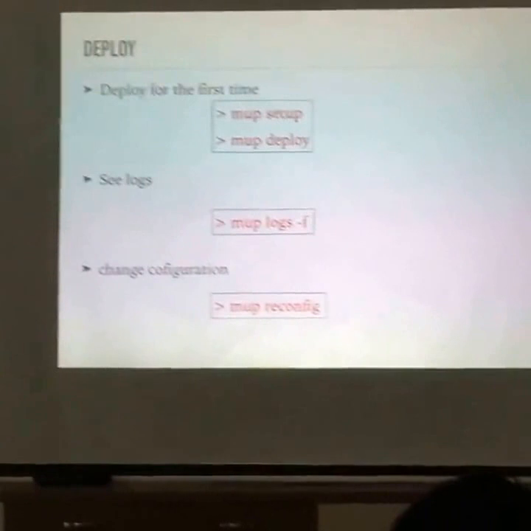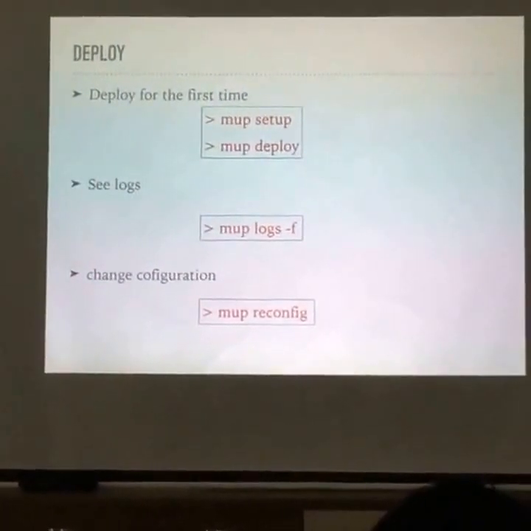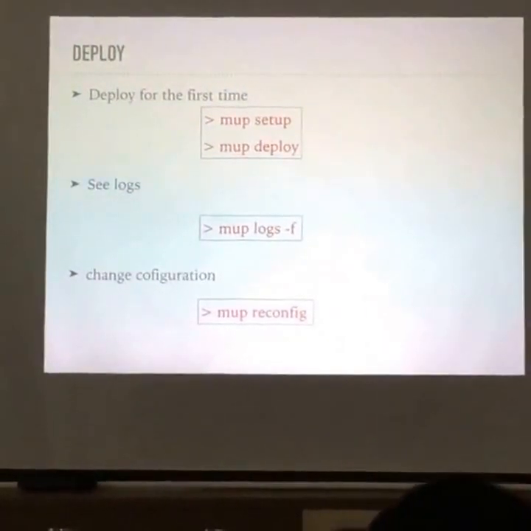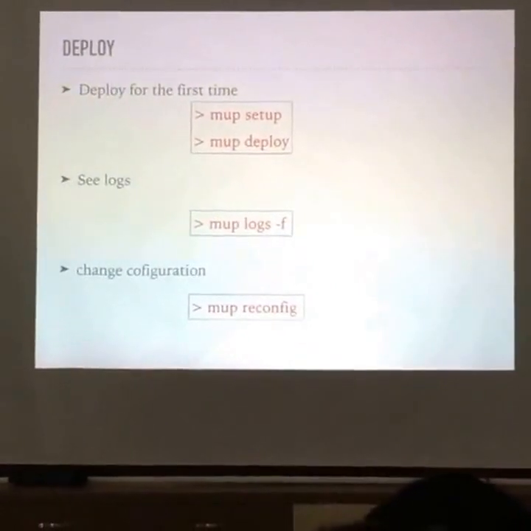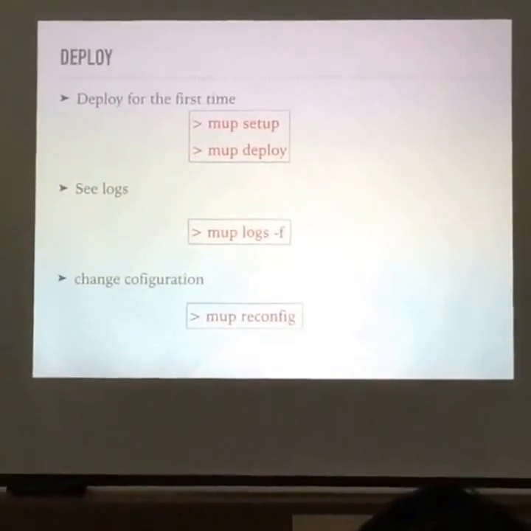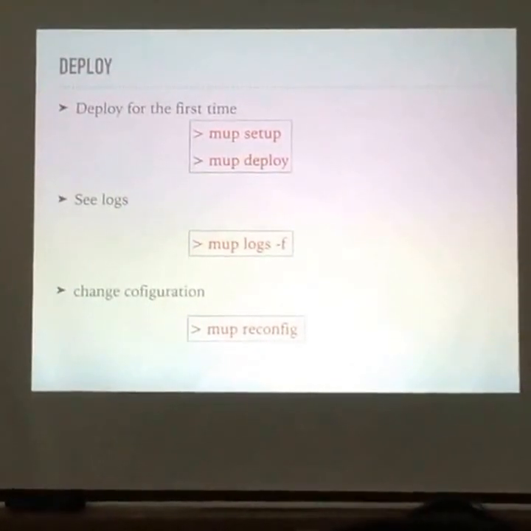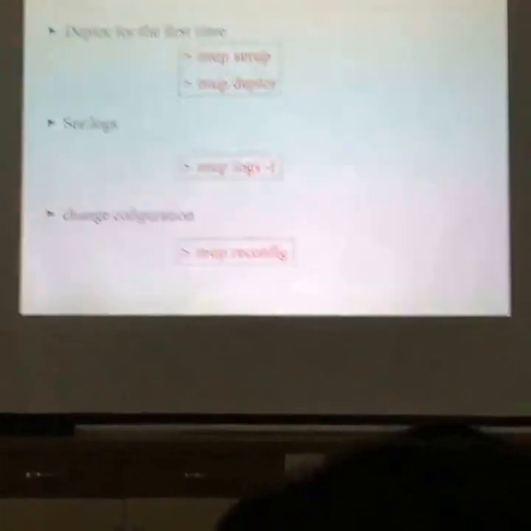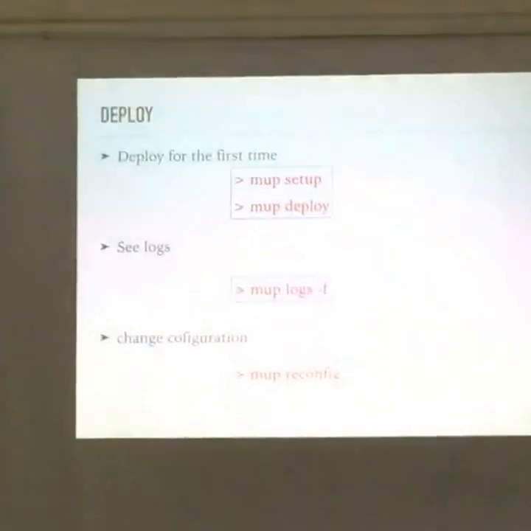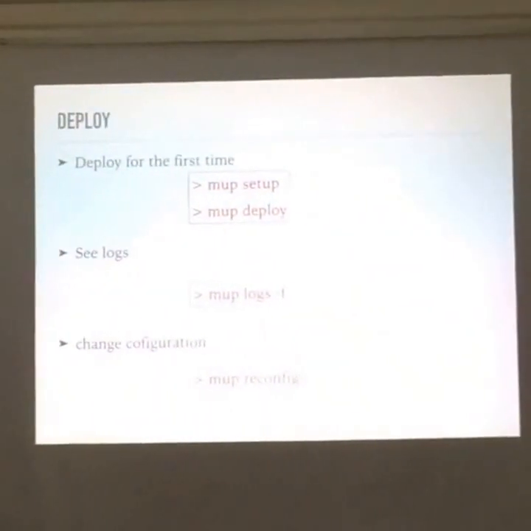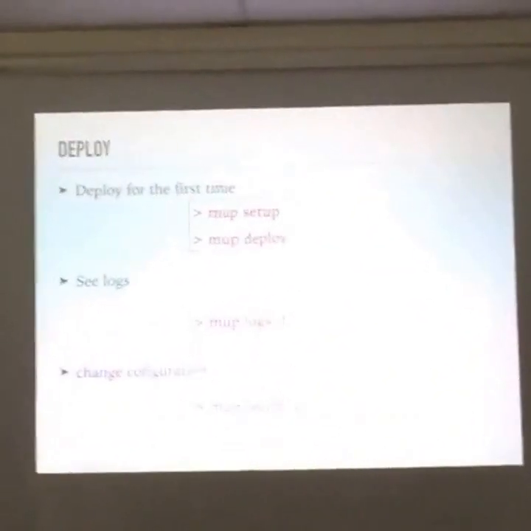Okay, and you have a mup.json file, and you have 4 servers for MongoDB, and how can you deploy? You just go to this folder and type mup setup to set up the environment and install Node on the servers.